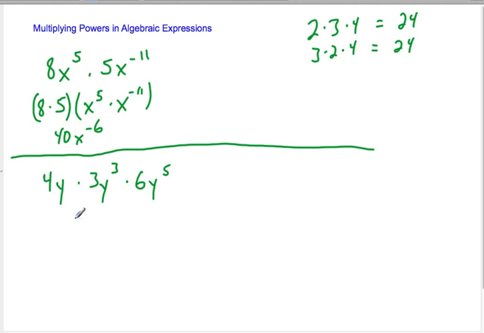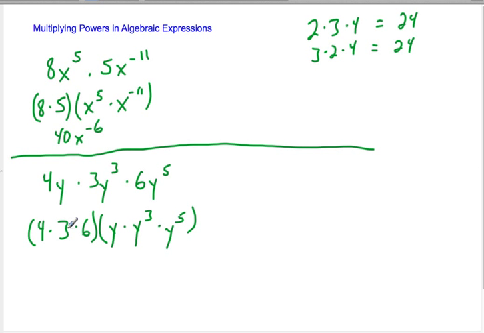Alright, so for the next example here, we have 3 different things being multiplied together. Again, it's all multiplication. 4 next to y is the same as this multiplication sign here. So I'm going to split the numbers out, and then I'm going to split the variables out.